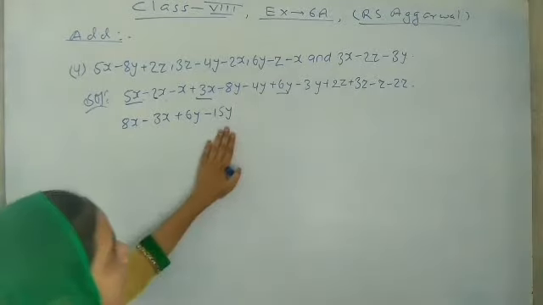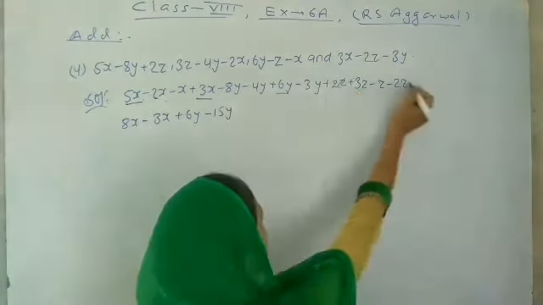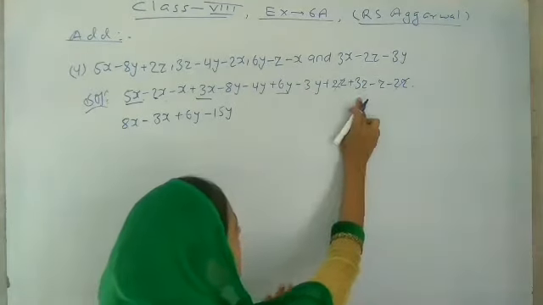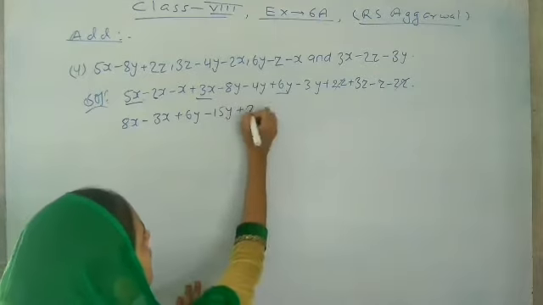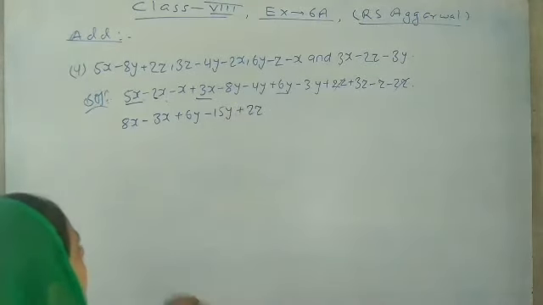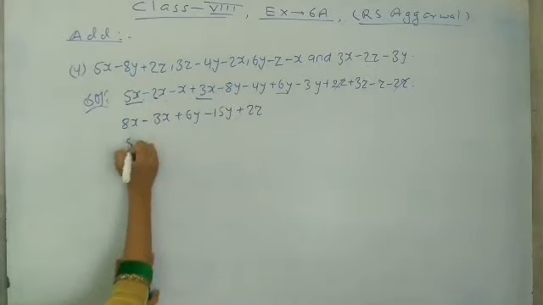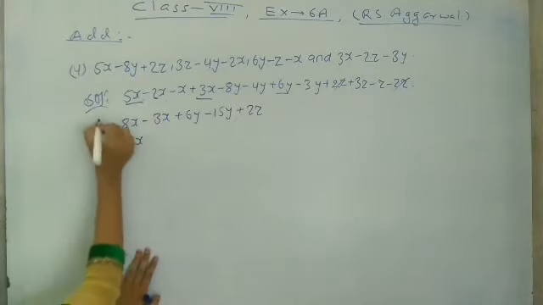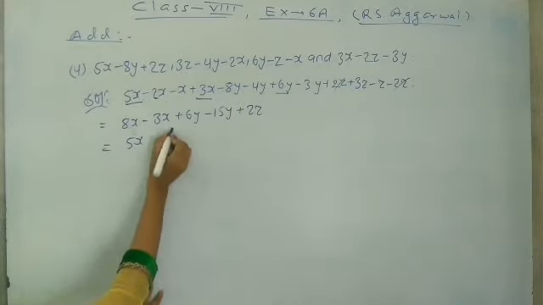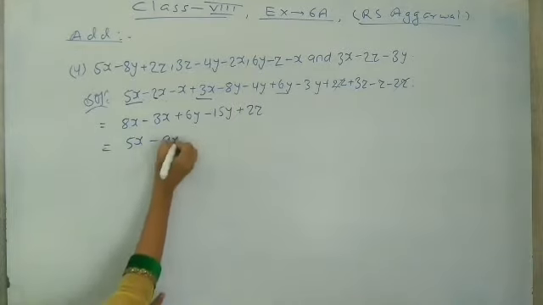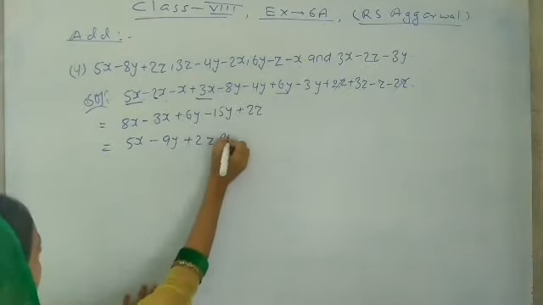So here minus 15y, and here plus 2z minus 2z, it means they will cancel. And plus 3z minus z means plus 2z, because the sign of plus is greater. And here plus, minus, minus, and the sign of plus is greater, so plus 5x. And here plus, minus, minus, so minus 9y. And plus 2z is the right answer.